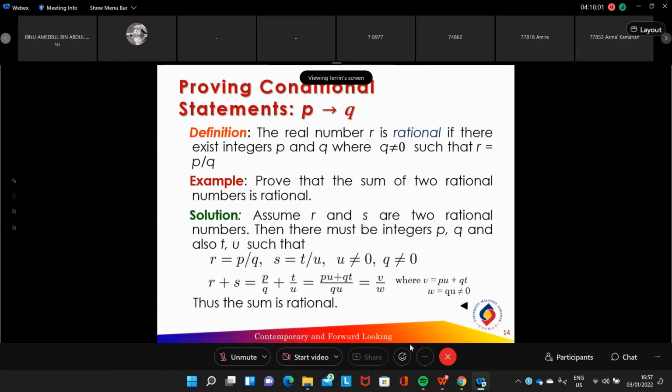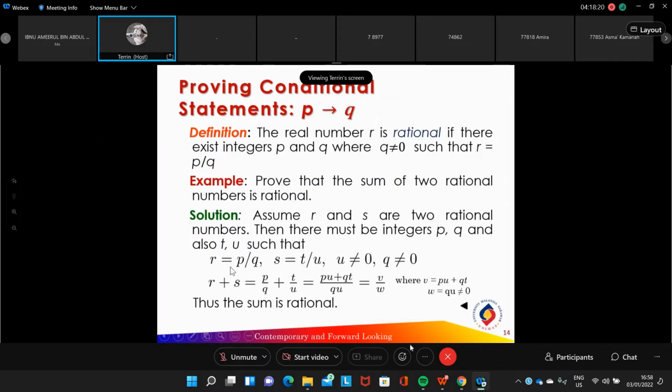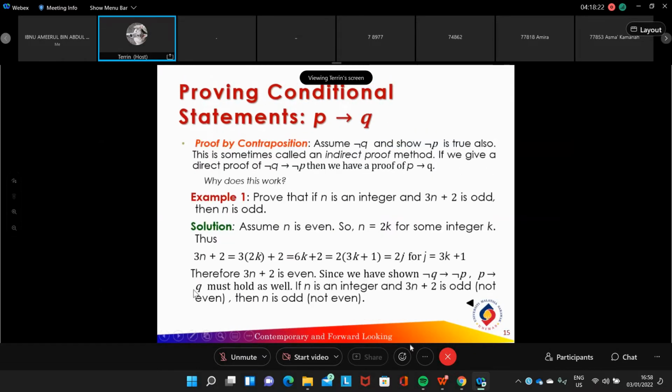How do you go about doing this one then? It is straightforward. Again, I don't want to rewrite it. So we have the definition of a rational number r. Remember, r is not an integer, r is a real number. That real number is represented by two other integers.